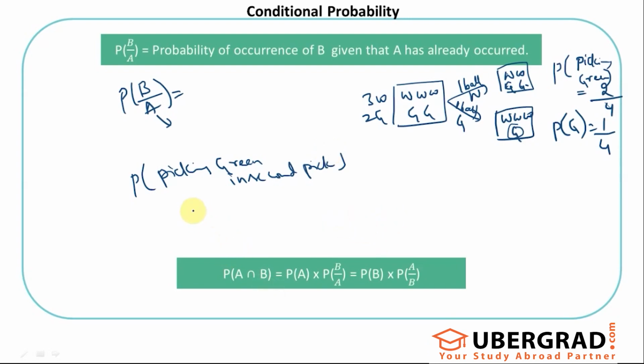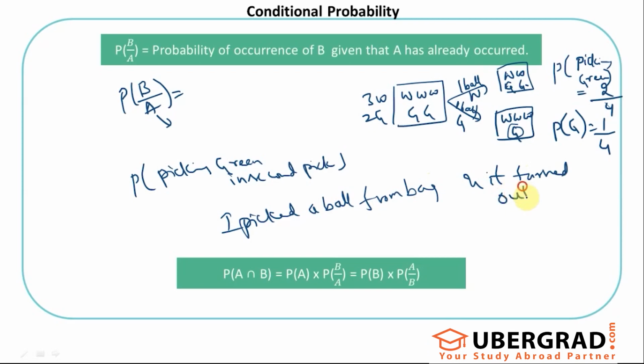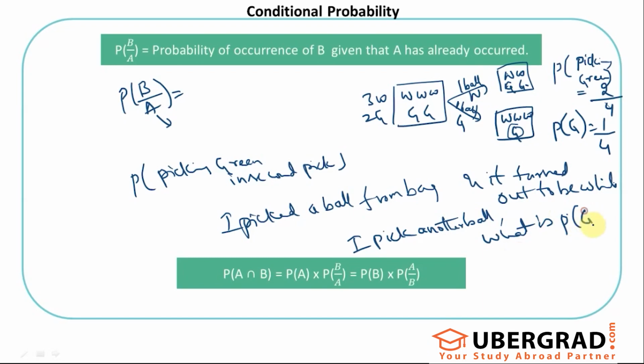That's why if I say I picked a ball from the bag, and it turned out to be white. Now if I pick another ball from the bag, what is the probability of seeing green, or what is the probability of picking green?